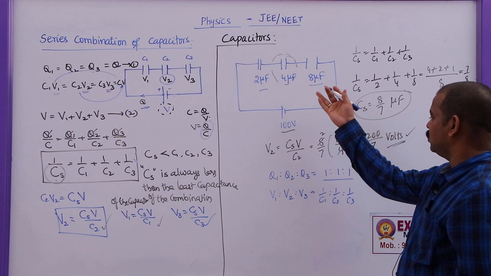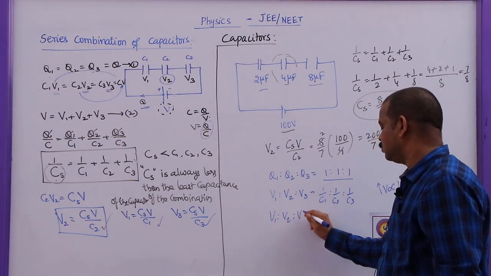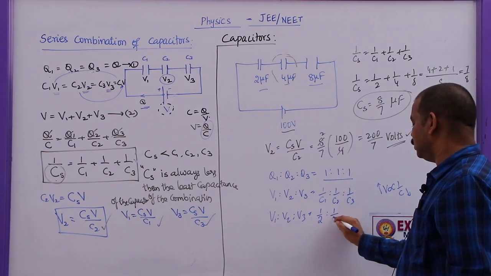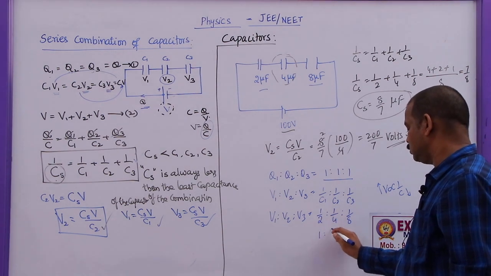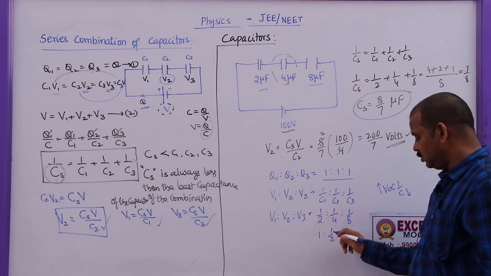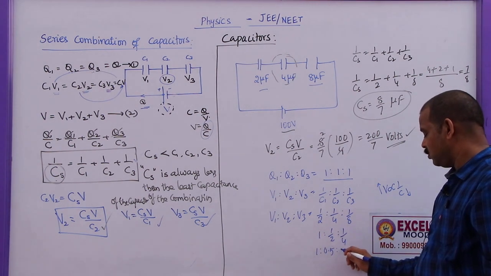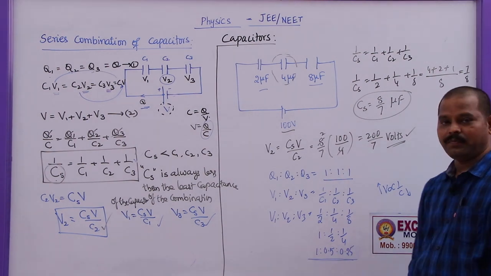Now, here also if you observe, what is the ratio of V1 is to V2 is to V3 in this given problem? This will be 1 by 2 is to 1 by 4 is to 1 by 8. Now, you can write 1 is to 1 by 2 is to 1 by 4. So, it is clear that this is 1 is to 0.5 is to 0.25. So, where is the potential drop more?